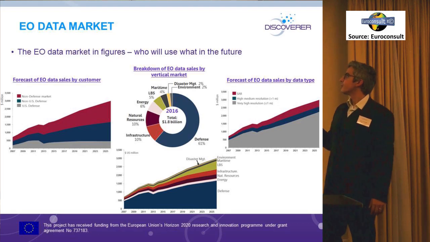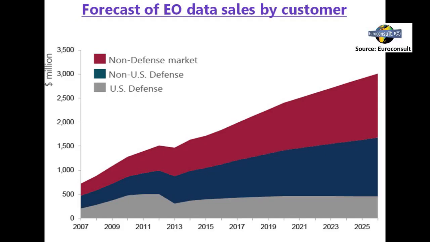Who will use what in the future? This is what we expect the market will go in the next decade. As you can see here, in terms of data market demand, as only data, not value-added services, it will remain more or less stable for the US defense, for the US DoD. It will increase for other ministries of defense because of newcomers in terms of use of this data.